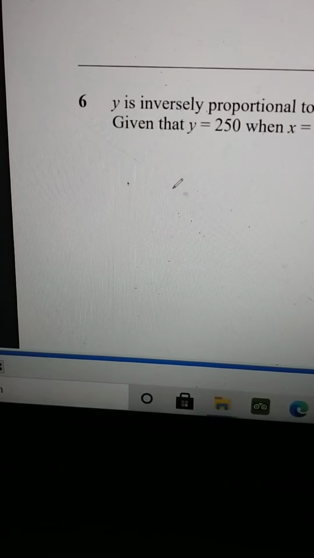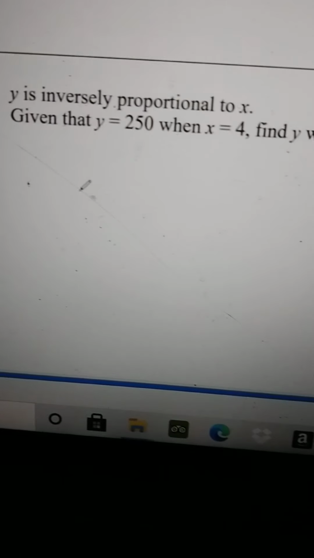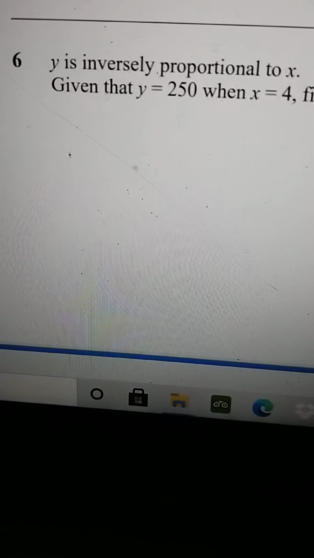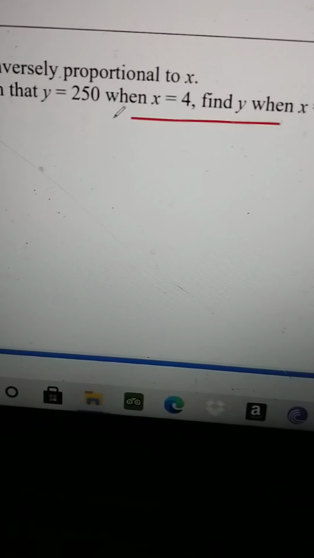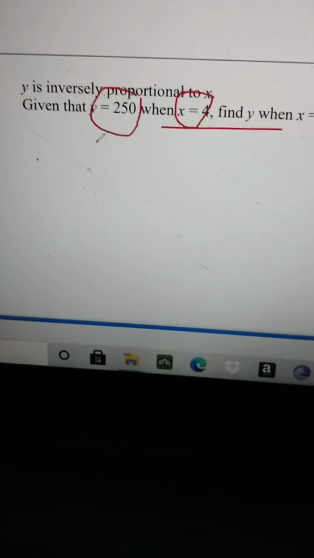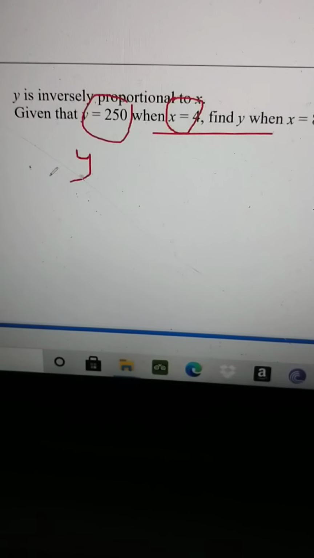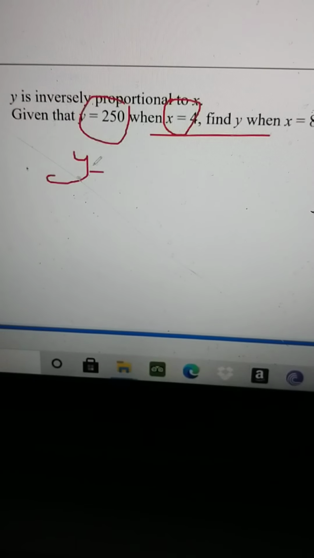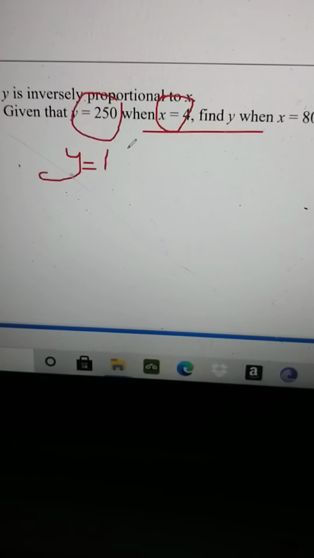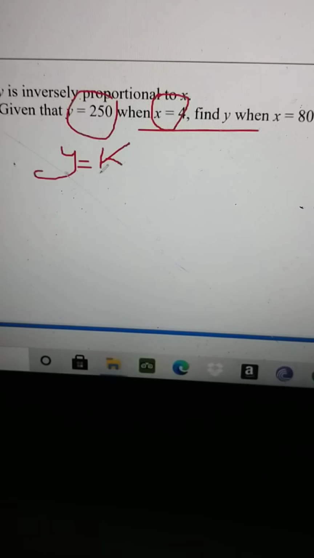Y is inversely proportional to x, values of y and x initially given to you, and then they are asking what is the value of y when x is 80. So simply remember that these two values are given to you to find out the value of k. And what is k? K is the constant of variation. So we write, it is inversely proportional, so y is equal to k upon x.